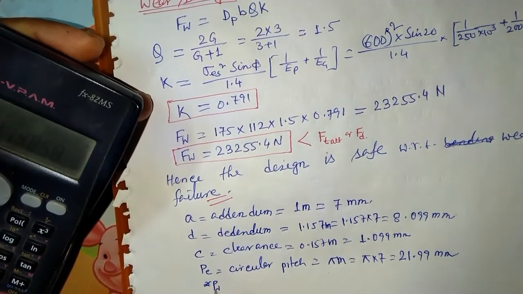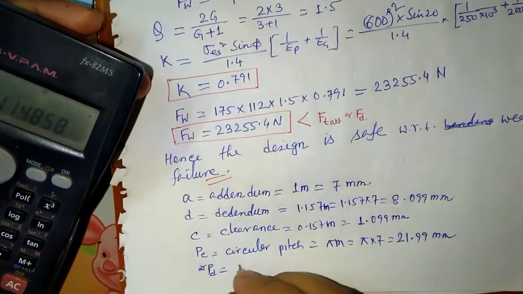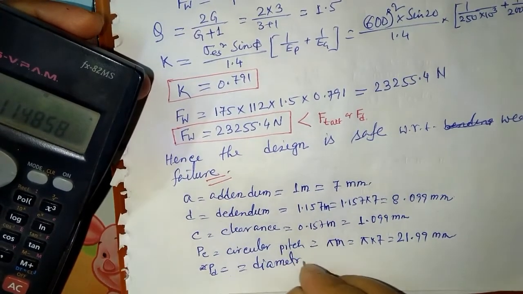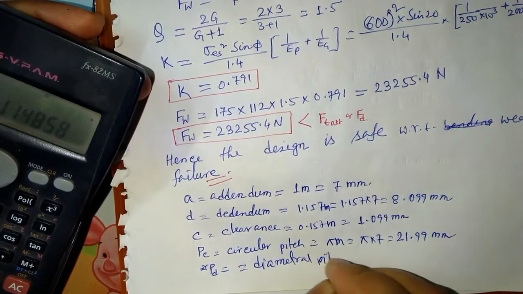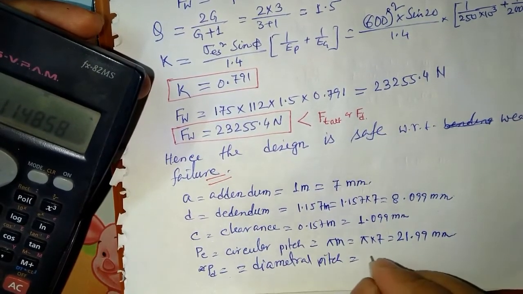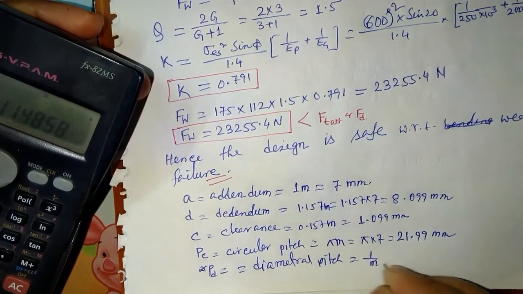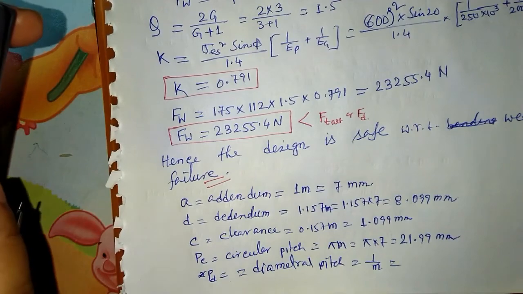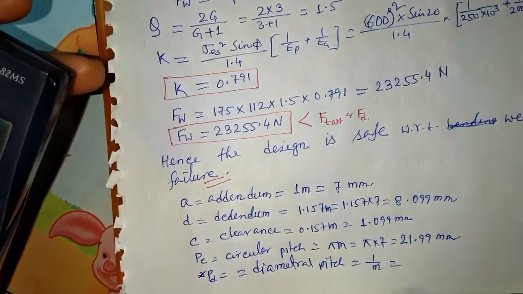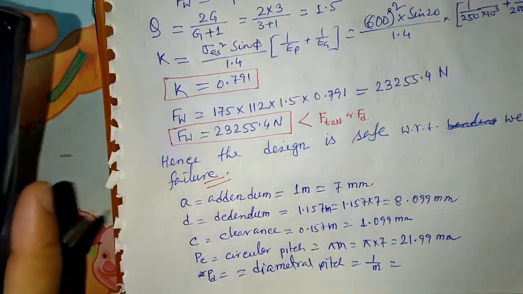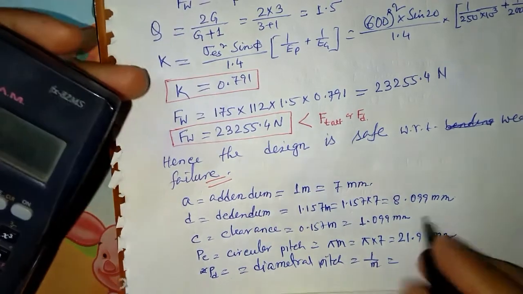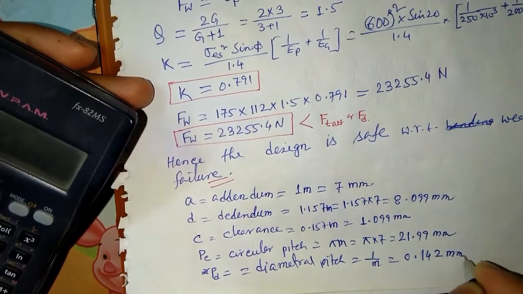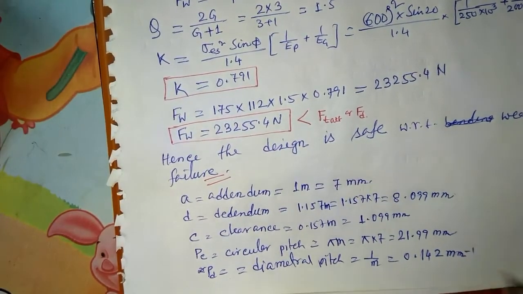Diametral pitch, that is our PD, is 1 by m, so 1 by 7, which is our 0.142 millimeter inverse.